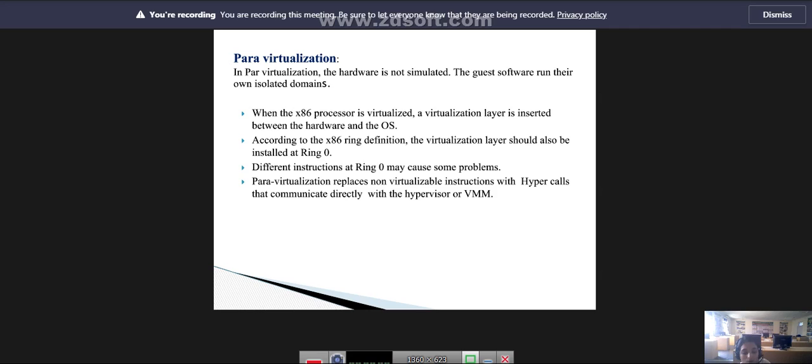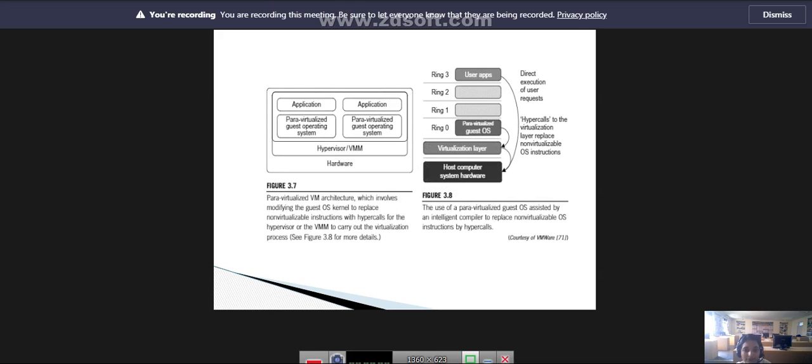The second, the cost is high because they may require deep operating system kernel modifications. Finally, the performance advantages of para virtualization vary greatly due to workload variations. Okay, so this is called para virtualization, and this is the diagram of the para virtualization. Having the application, this is the para virtualized guest operating system, and these are the rings 0, 1, 2, 3.